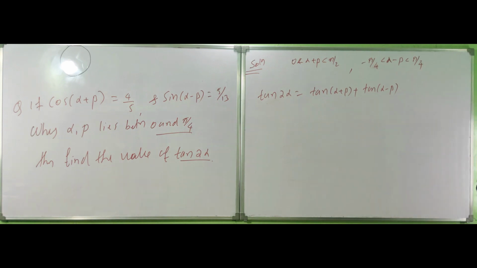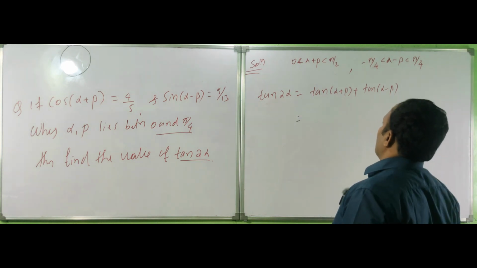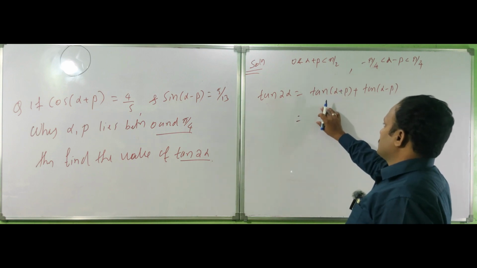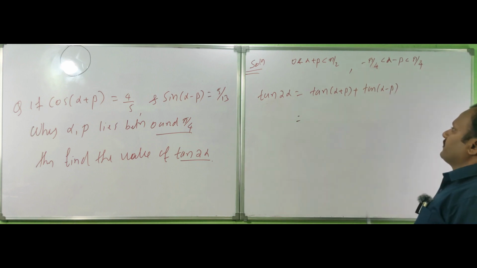For this I need sin of alpha plus beta divided by cos of alpha plus beta, and sin of alpha minus beta divided by cos of alpha minus beta.